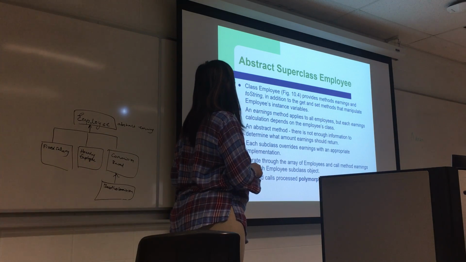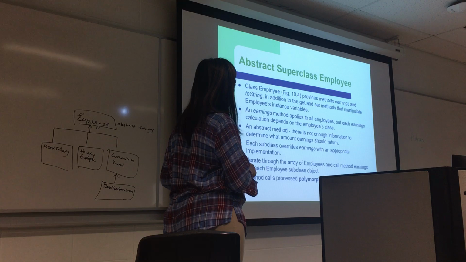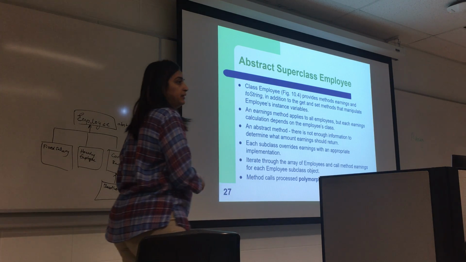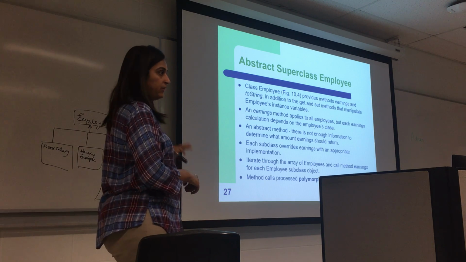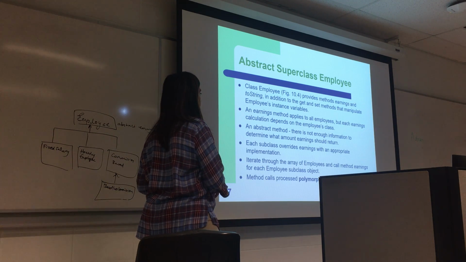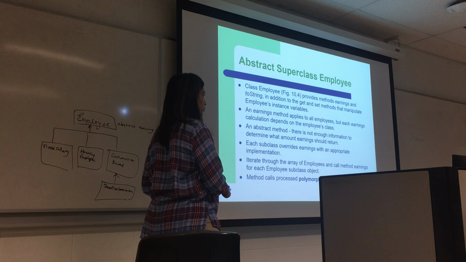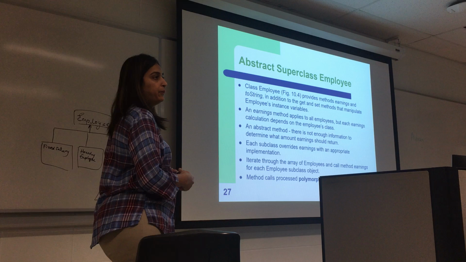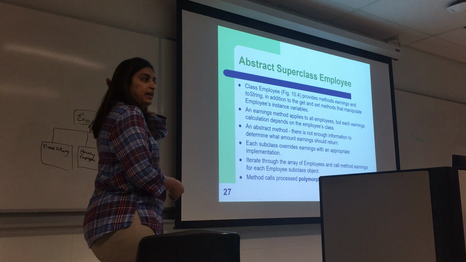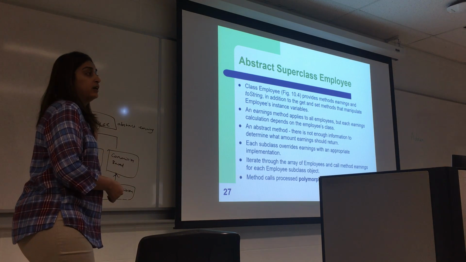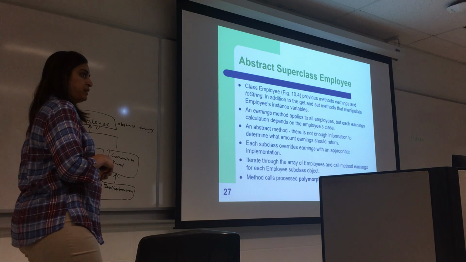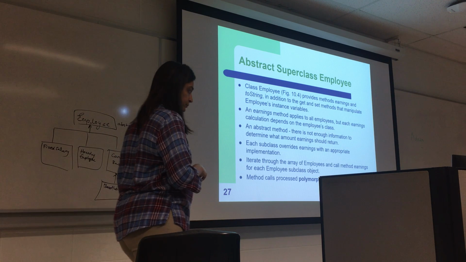The class provides earnings method and toString method in addition to getter and setter that manipulates employees' instance variables. An earnings method applies to all employees, but each earnings calculation depends on the employee's class. So all the classes are going to have an earnings method, but how it calculates the earnings depends on the type of employee.